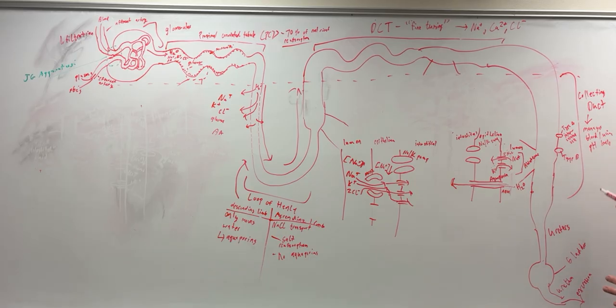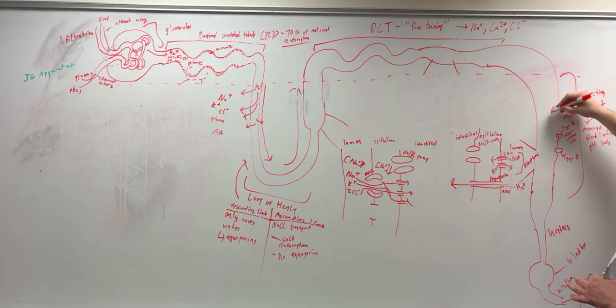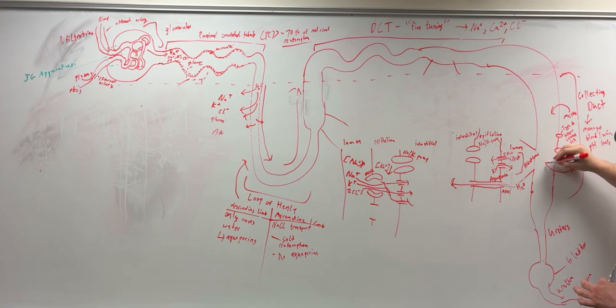So when we say secrete, remember secrete means that we're going from the blood into the tubule. So type A is going to move acids in, and type B is going to move bases in. So this is going to help control the pH of your blood, which is really important.